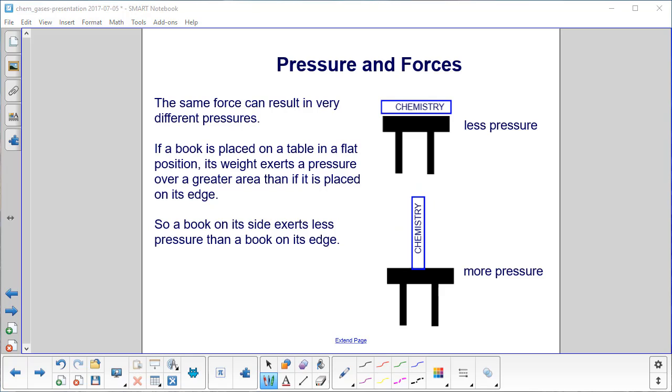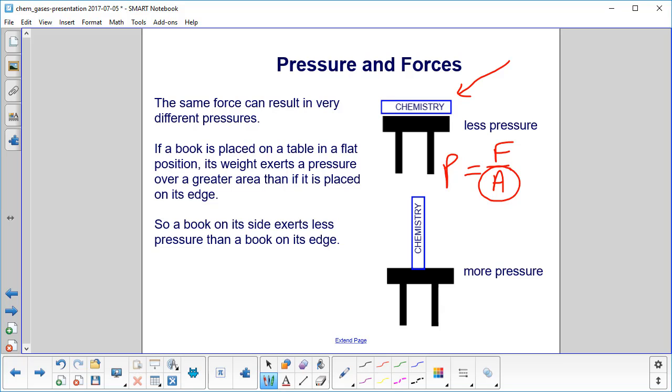The same force can result in very different pressures. Why is that? Well, pressure is force per unit area. So if you have the same force, but you vary this area, and the area is the place where you contact the other object. So let's look at this. What's the pressure that the chemistry book exerts on the table?